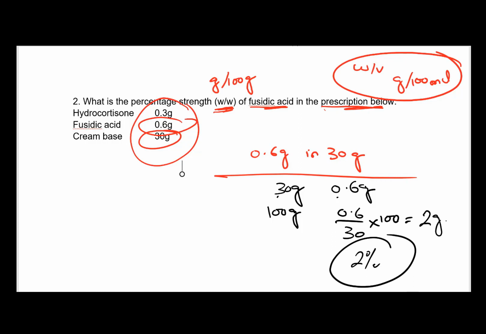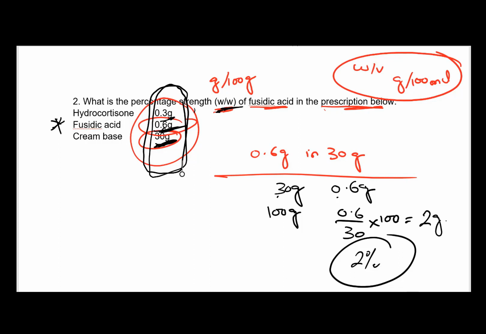Again, you need to remember what weight by weight means. Weight by weight means the number of grams present in 100 grams. From this formulation, we know that every 30 grams of the cream will have 0.6 gram of fusidic acid.